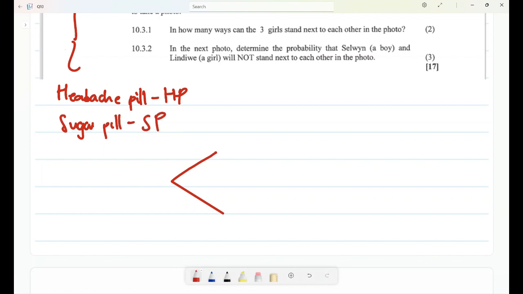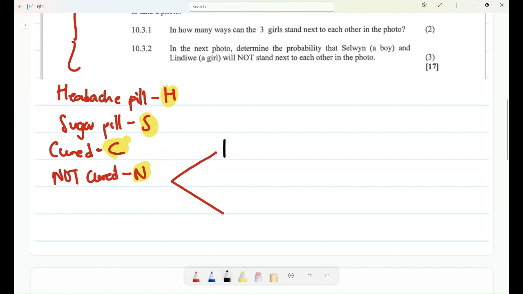You can use whatever, as long as it makes sense. Since it is pill, I can say this is headache, this is sugar. Then for cured, I'm going to use C, and for not cured, I'm going to use N. This is to avoid writing long things.